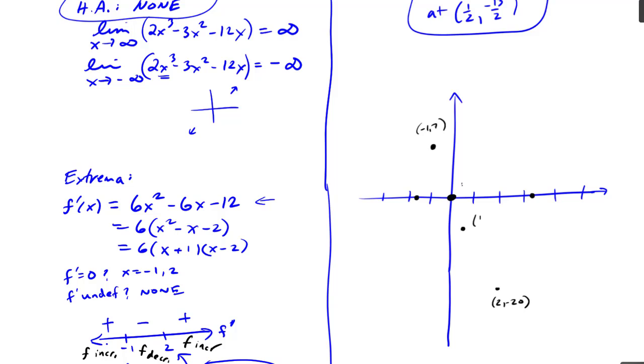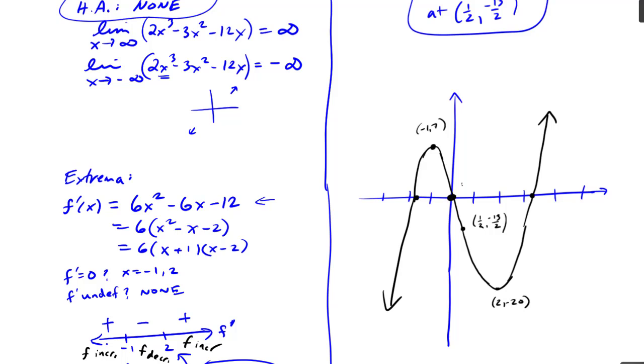All right, and so I know that this must top out here, must bottom out here, goes through there. That's where it changes concavity. It's got to come up here, go through and go up, come down here, and go down. And that's my function's graph.